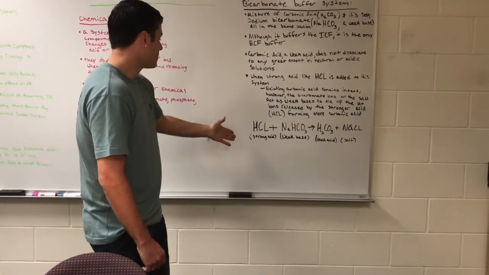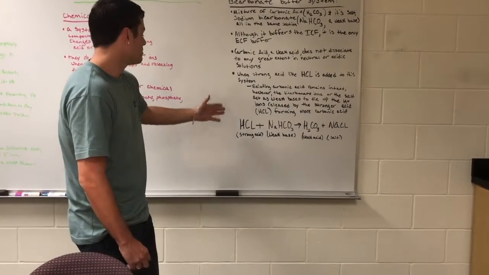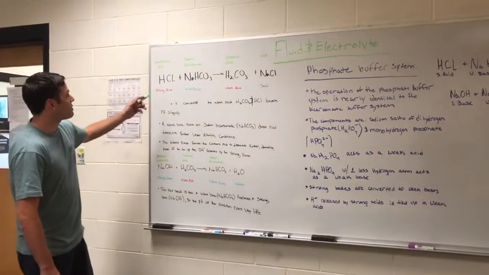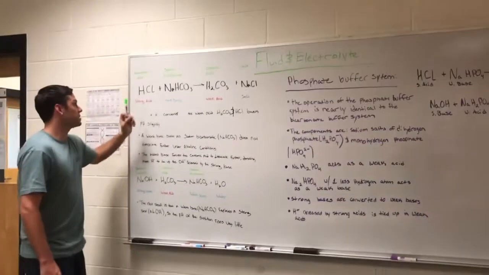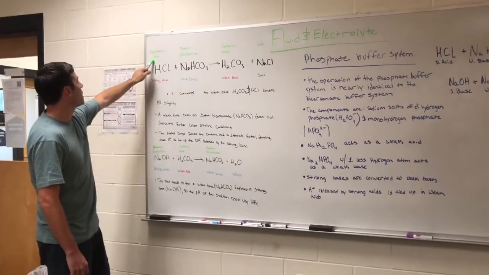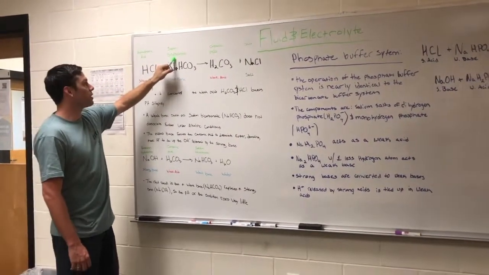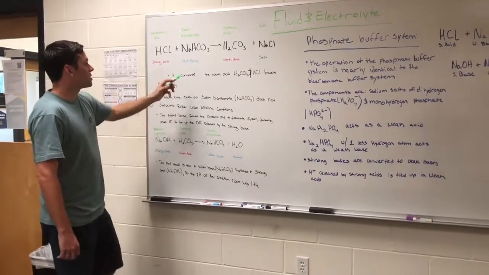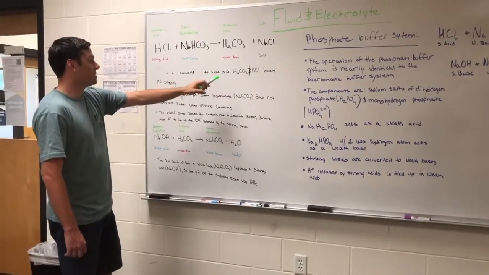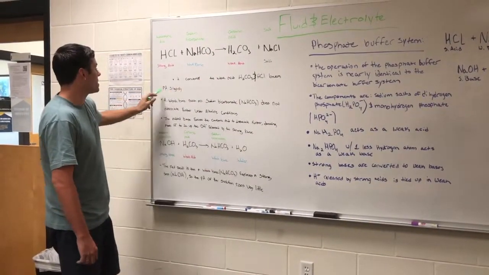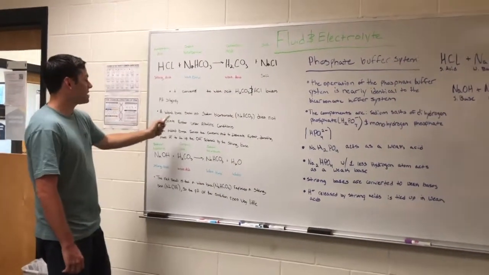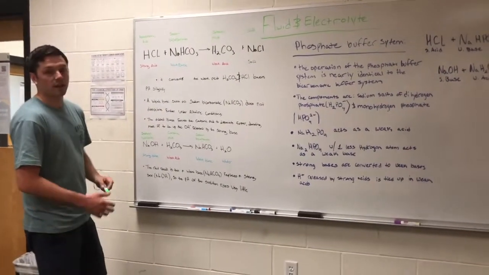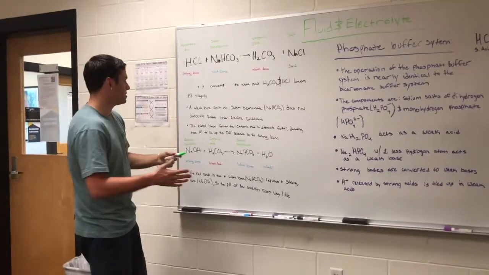And then here we have the chemical equation for the bicarbonate buffer system, which consists of hydrochloric acid, sodium bicarbonate, carbonic acid, and salt. It converts the strong acid HCl to the weak acid carbonic acid, which lowers pH only slightly. A weak base, such as sodium bicarbonate, does not dissociate further under alkaline or basic conditions.